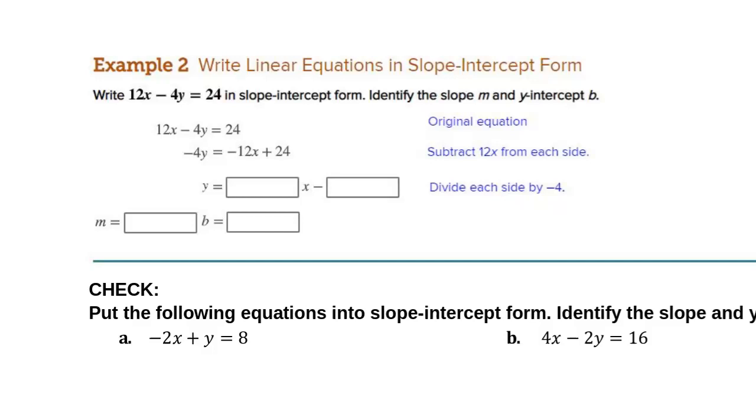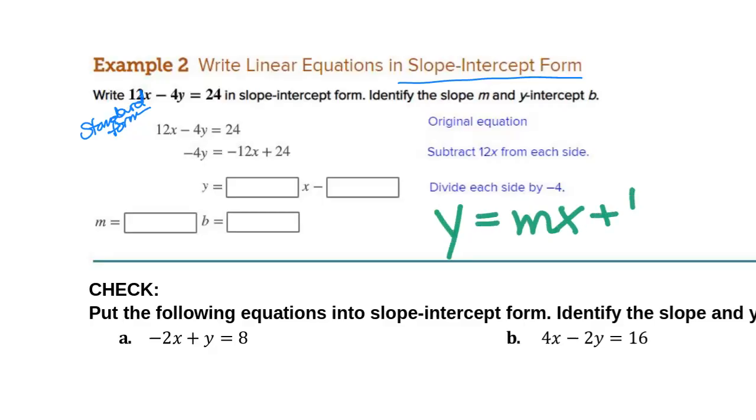I know. All right, so 12x minus 4y equals 24. This is standard form. We are changing it to slope-intercept form, which is y equals mx plus b.